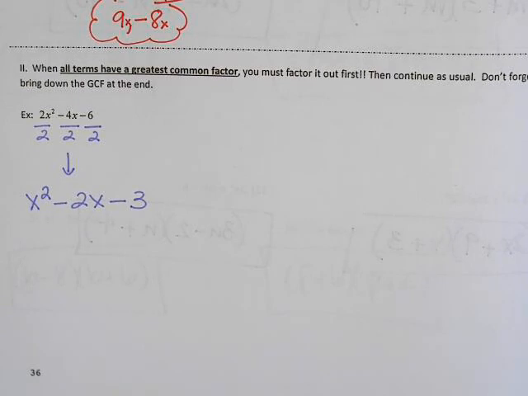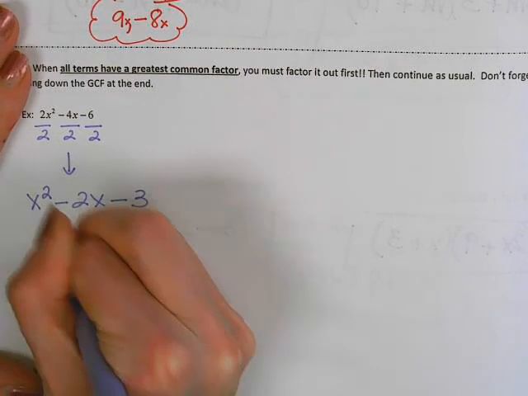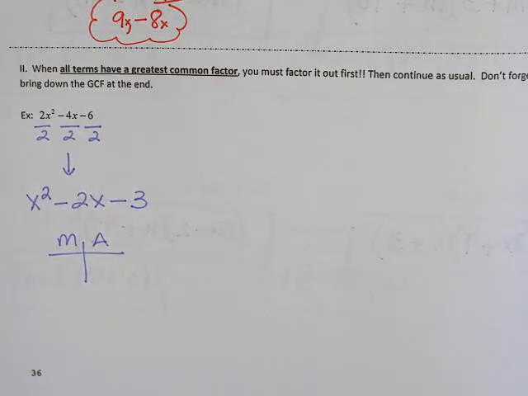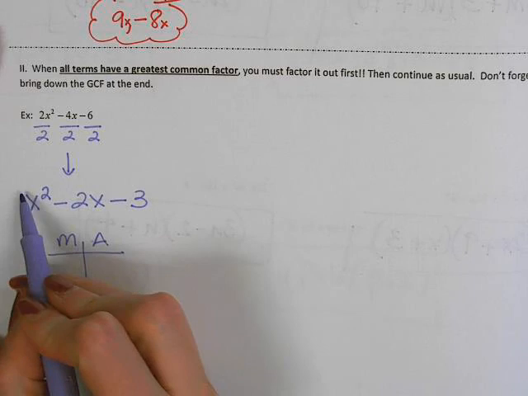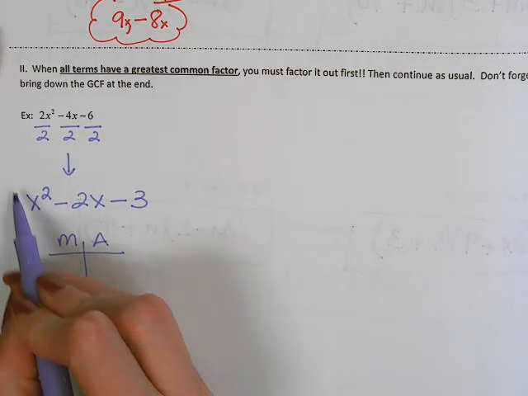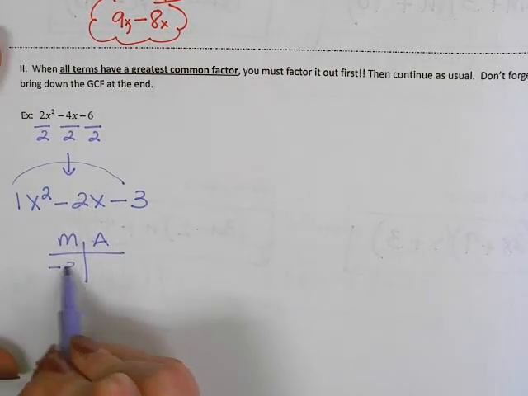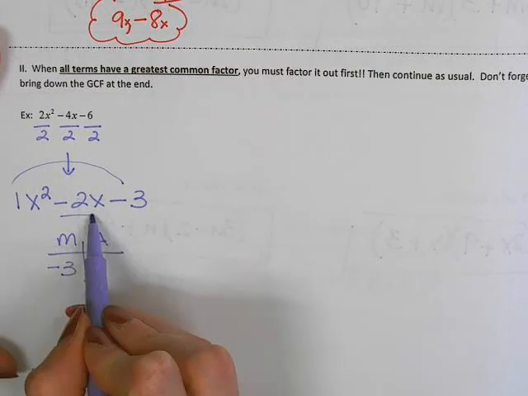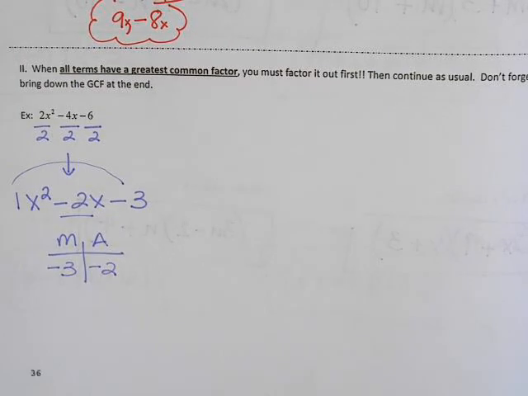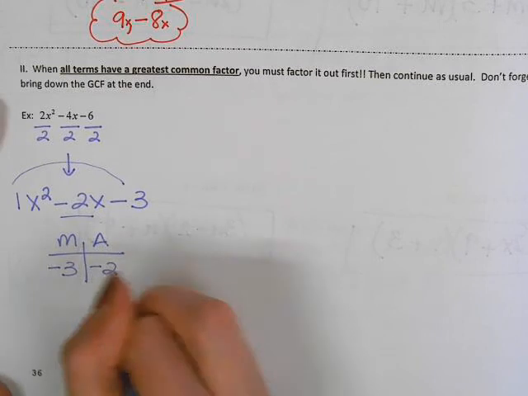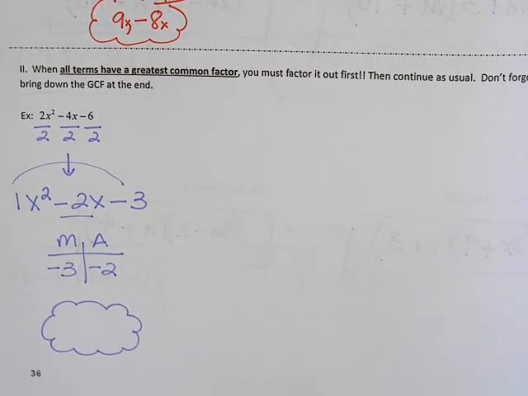Okay, so to factor a trinomial, we need our MA table. We need two numbers that multiply to 1 times -3 and then add to the middle, -2. So what are those two numbers? They've got to multiply to -3 but add to -2.